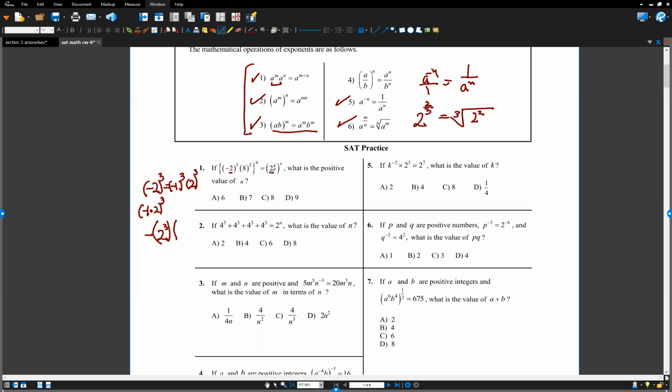That is the idea to find the answer. 8 cubed: 8 is 2 cubed. Another square over here. An exponent of an exponent is a product: 2 to the 6th power.